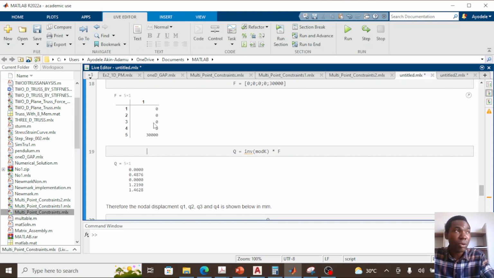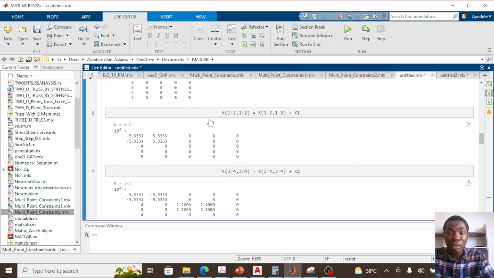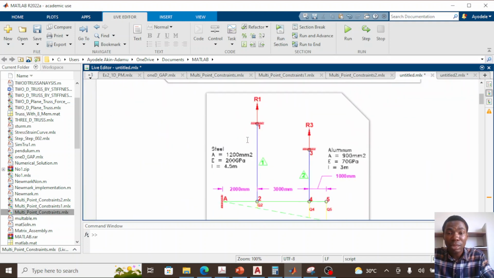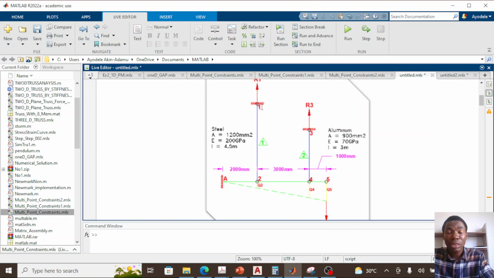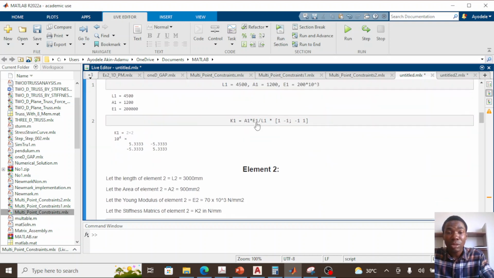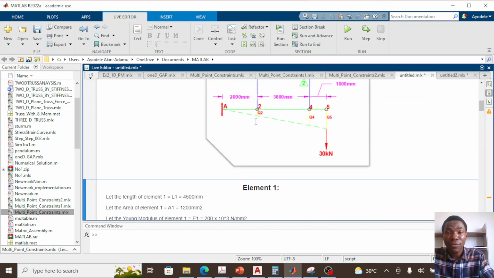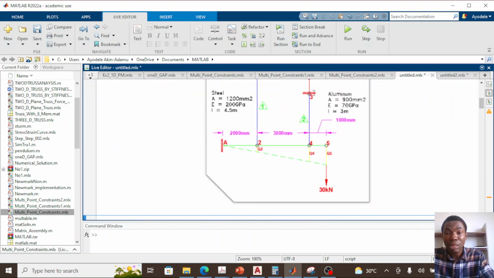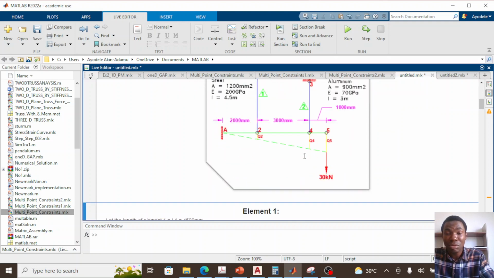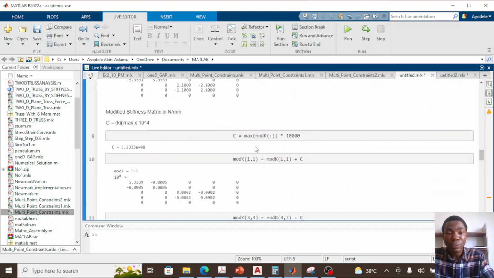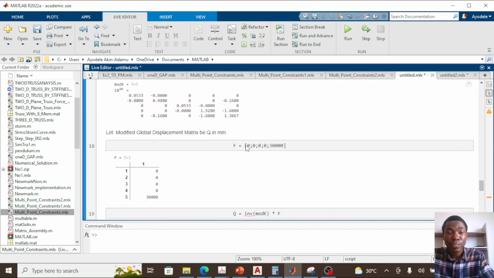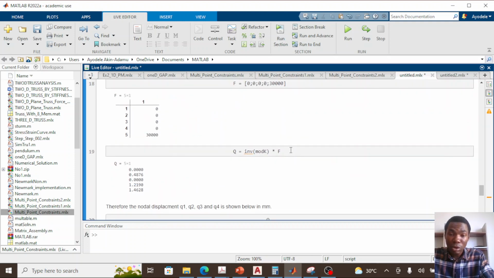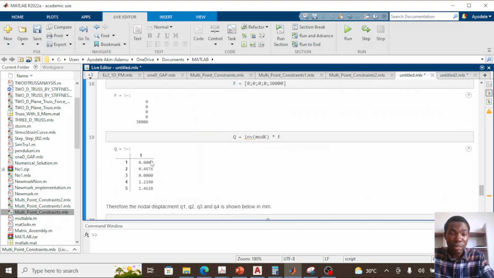And also because at node 1 and node 3 the displacement is 0, the gap is 0, a equals 0. I also don't need to modify positions 1 and 3 of it because there is no displacement at that node. So we run it and we get this.